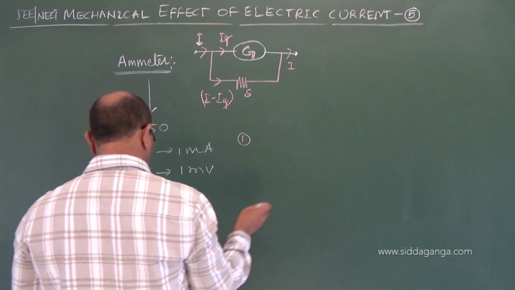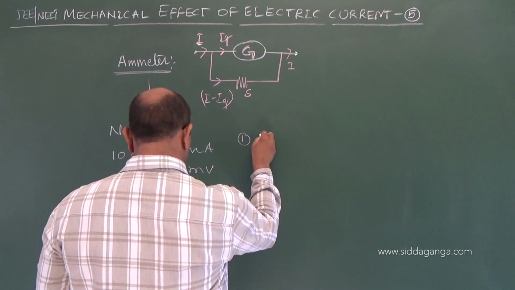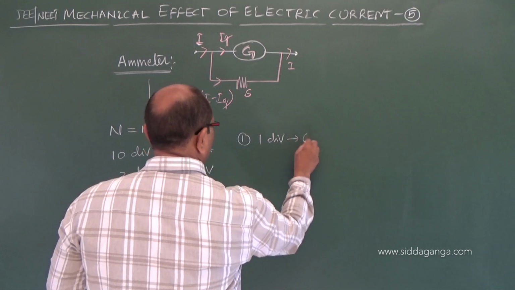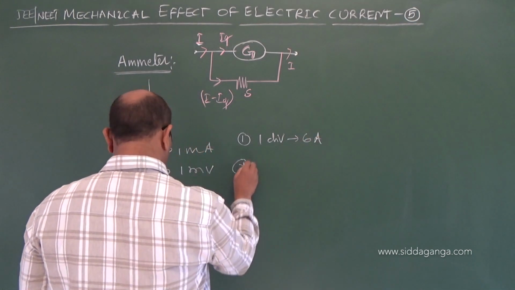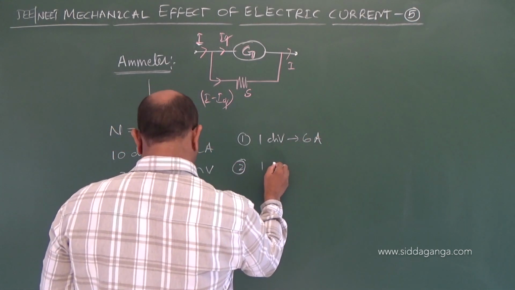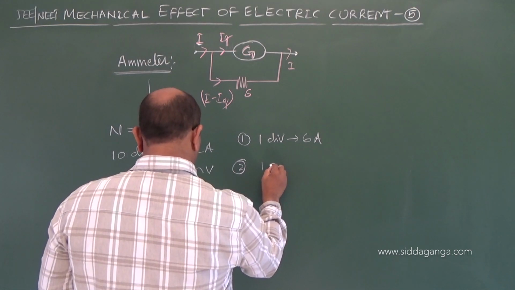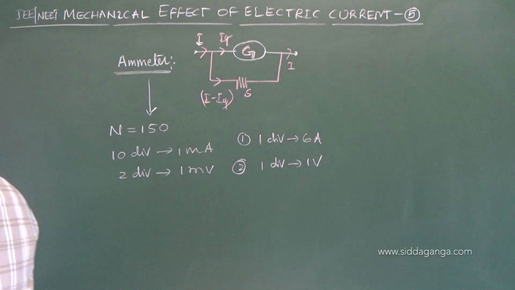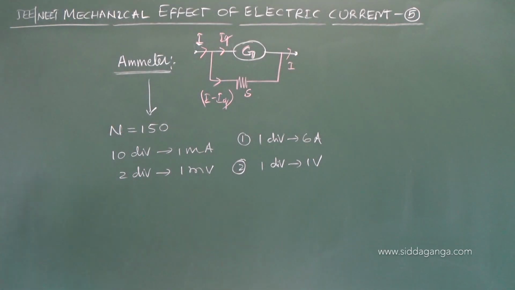Converting one, that one division should carry 6 ampere. Second, one division should carry 1 volt. So this is the question given.